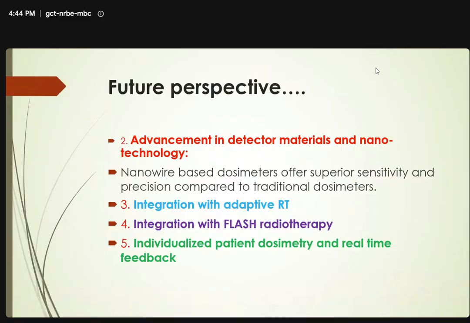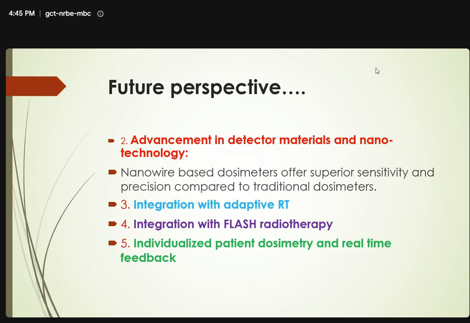Fifth is individualized patient dosimetry and real-time feedback. The move towards personalized medicine is also influencing the future direction of in vivo dosimetry. Advances in dosimetry technology are paving the way for individualized patient dosimetry, where measurements are tailored to the unique characteristics of each patient anatomy and treatment plan.